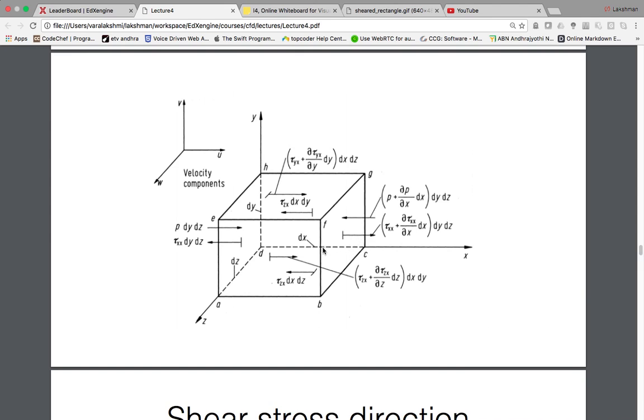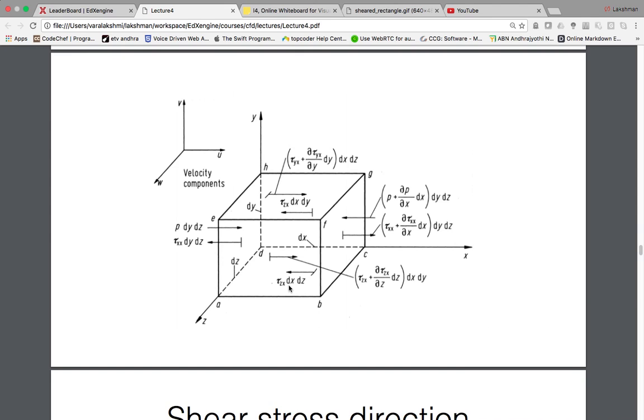And again, the shear force. On the top face we have used tau yx. Okay guys, there is a mistake here. This is written as tau zx, which is obviously wrong. This is the bottom face. If you can see A B C D here, the shear stress is written as tau zx dx dz.